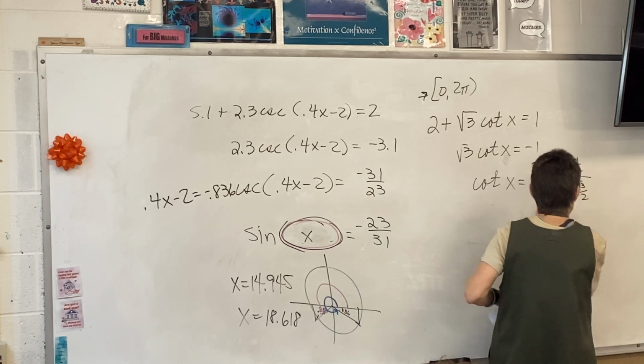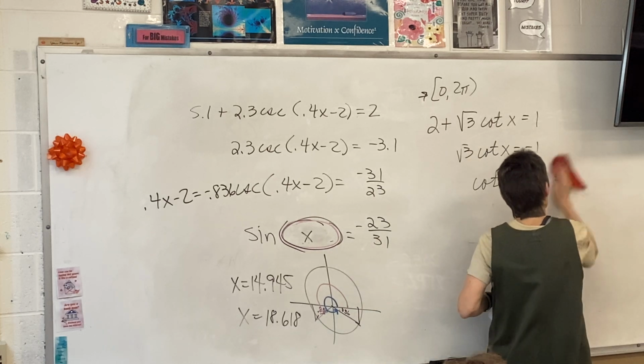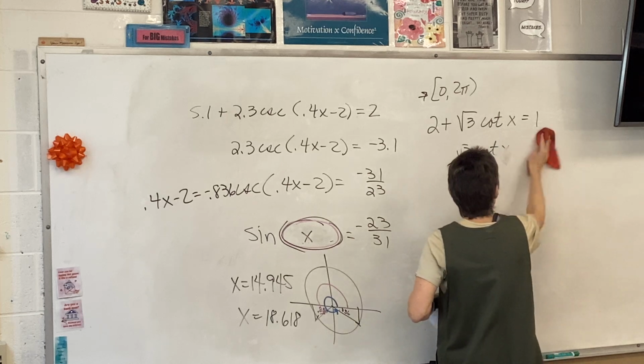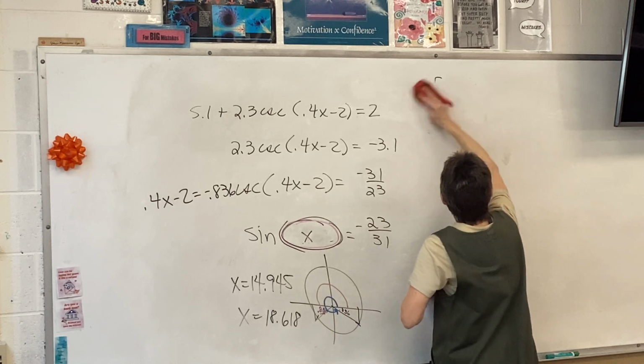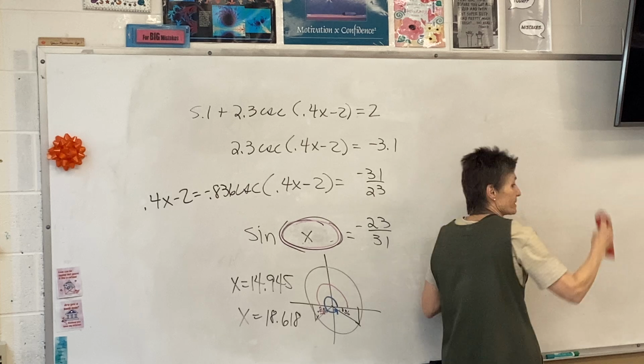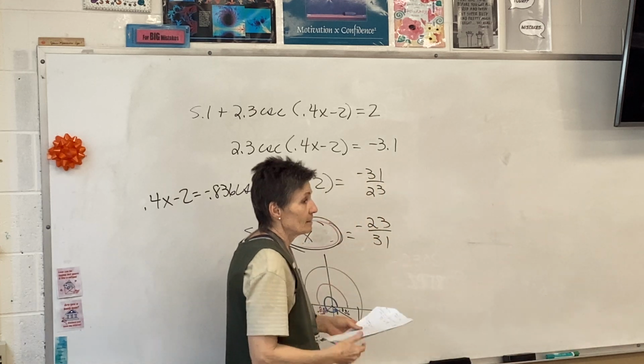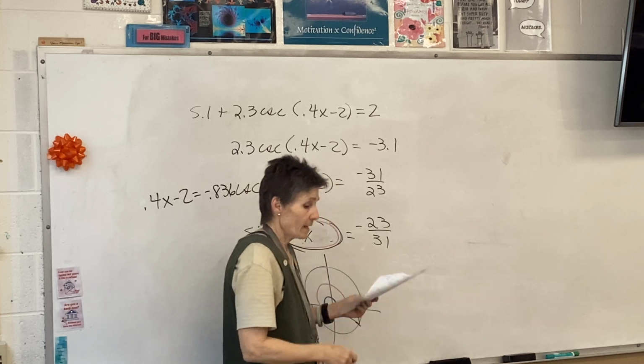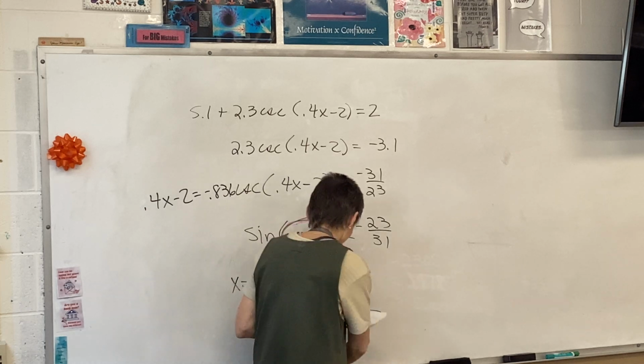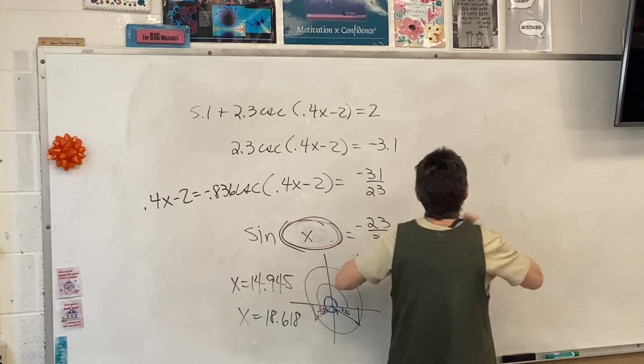What's the identity for tangent of twice the angle? I would just put the sine over the cosine, you've already found those. Tangent is sine over cosine, that's an identity. Okay, so what's this?